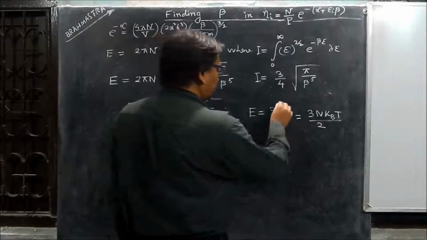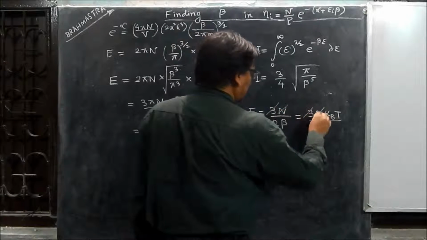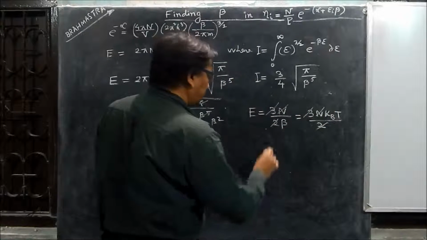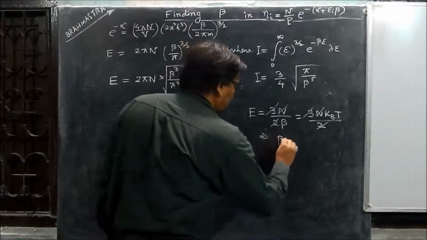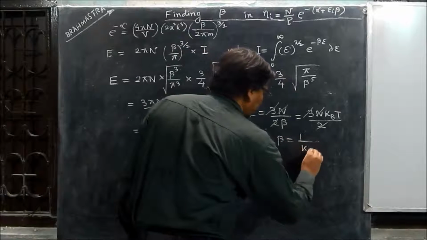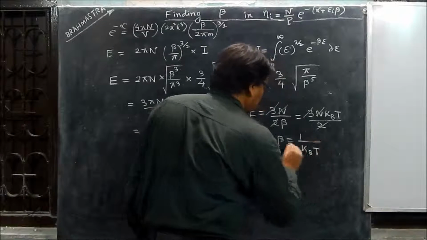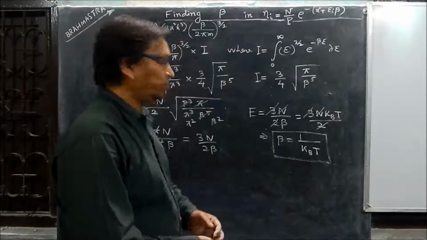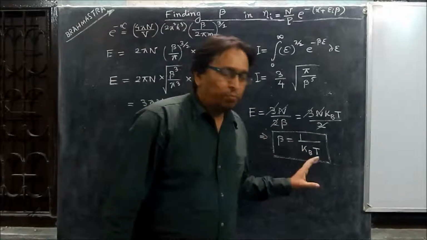So from this, if we cancel 3n, and here 2 and 2, we get 1 by beta is equal to kBT, that gives beta is equal to 1 by kBT. So yes, the value of beta is correct.